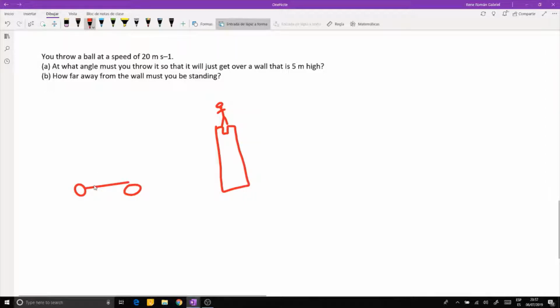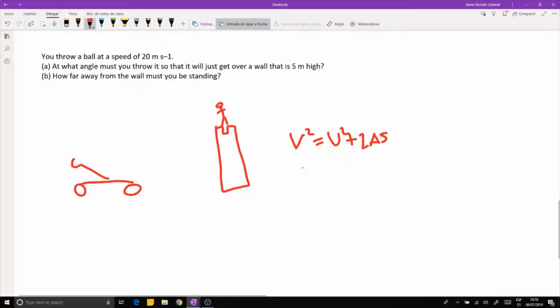So the way we would do this is with a formula that would be v squared, which is final velocity squared, equals u squared plus 2as.